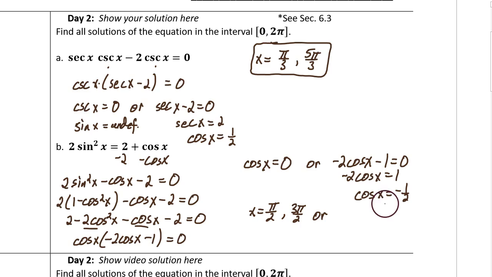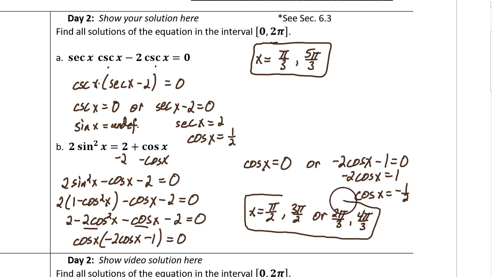Now over here, in the interval from 0 to 2 pi, what angles have a cosine value of negative 1/2? There will be 2 of those. They're at 2 pi over 3 and at 4 pi over 3. So these 4 angle measures solve the equation.